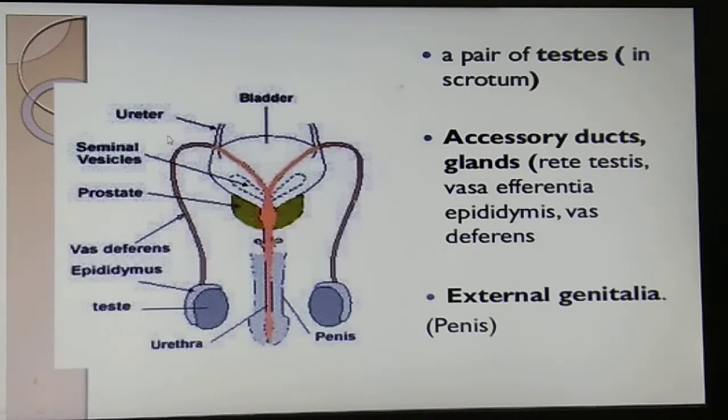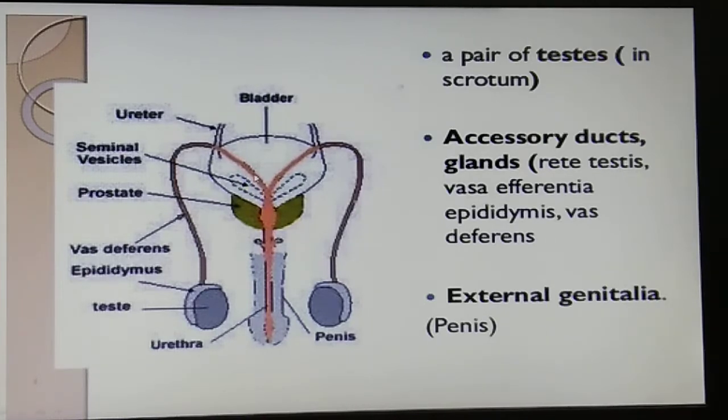Now look at this diagram very carefully. You might have drawn the structure of the excretory system in your previous classes, or I would say in 11th class. Now students, you can see these two tube-like structures, they are ureters, which terminate into this bag-like structure known as the urinary bladder.